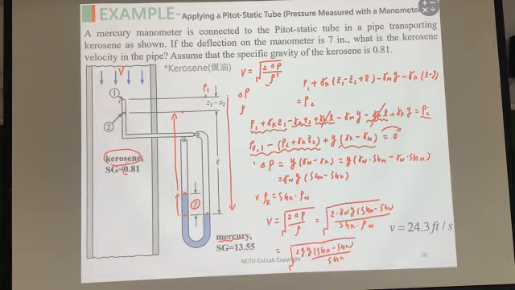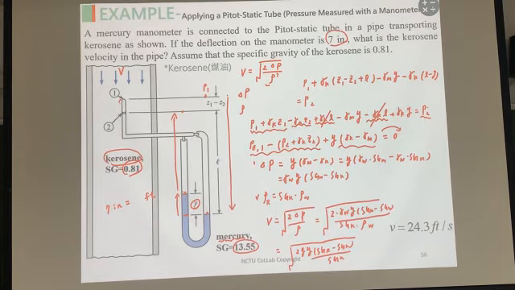Okay, so you can check. You know the SGK is 0.81 and the SGN is 13.55. And what is the Y? Y is the deflection height. Deflection height in here is 7 inch. But we need to transfer the inch to FT, right?